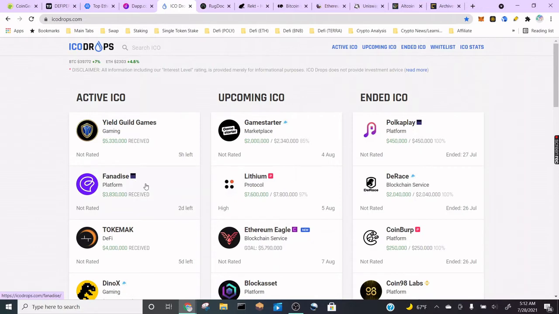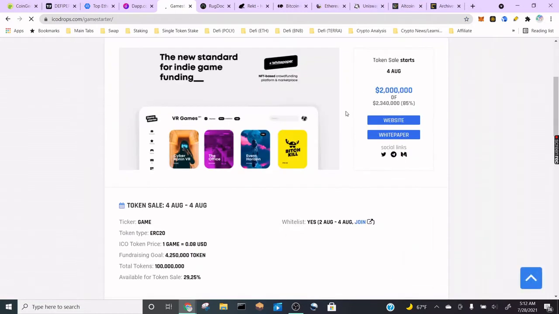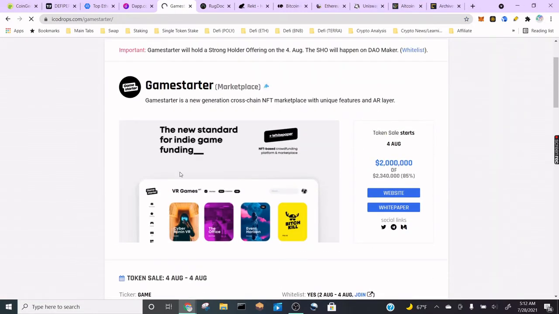And a lot of these are upcoming, ended, and active. Now, this is really good because you can buy in. Usually they have a sale or something. It won't be at the normal price. So if you know anything about an IPO, every time a stock IPOs, it's pretty frustrating. It instantly goes up in value.